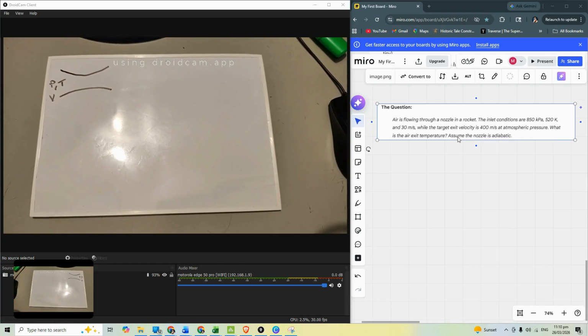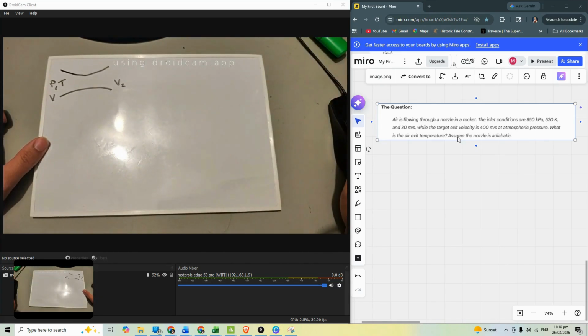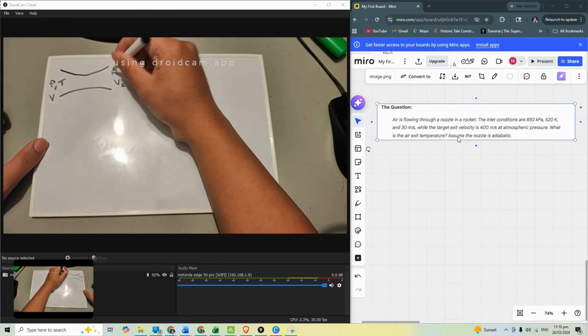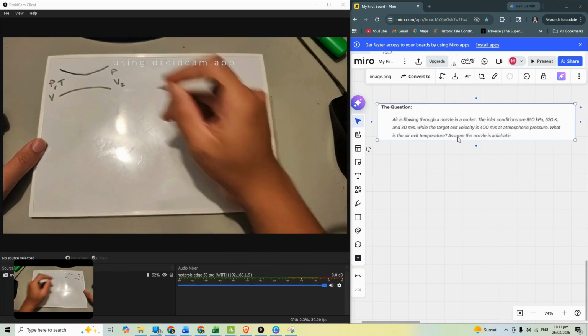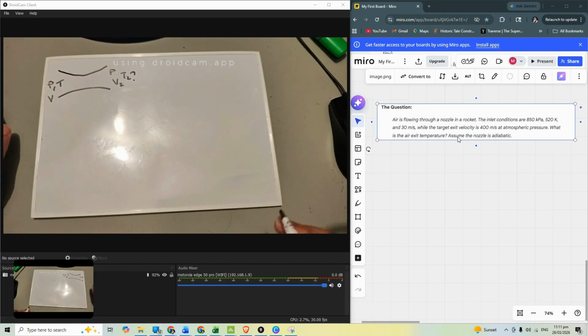While the target exit velocity is 400 meters per second, so we have v2 at atmospheric pressure. It's looking for the exit temperature, which is our T2.